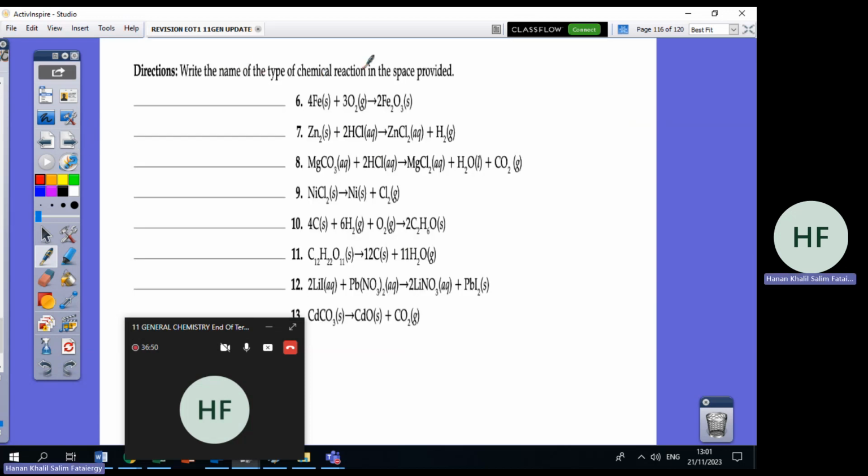Write the type of the chemical reaction in the space. لاحظوا إن أنا هون عندي two reactants, one product. Okay, single product. I have single product, so this is synthesis. Okay, هون ZN HCl صارت ZN ربيعة Cl وال H is out.